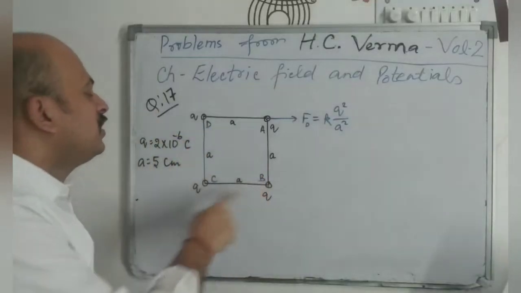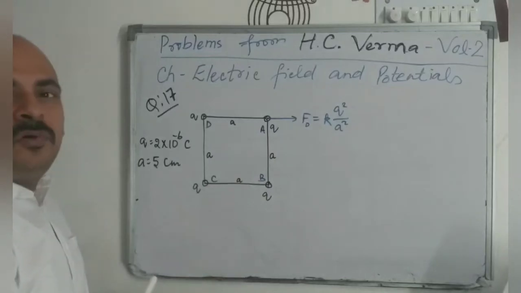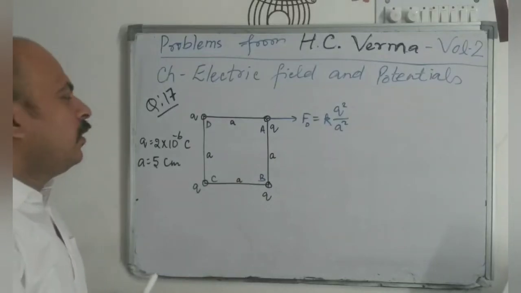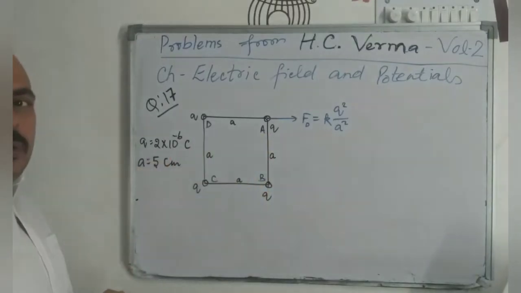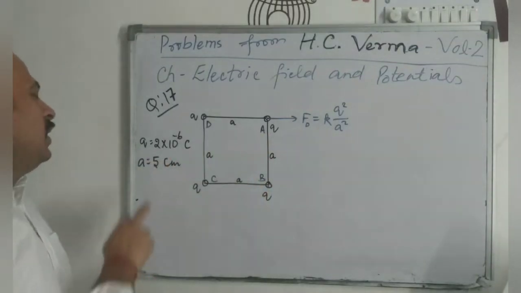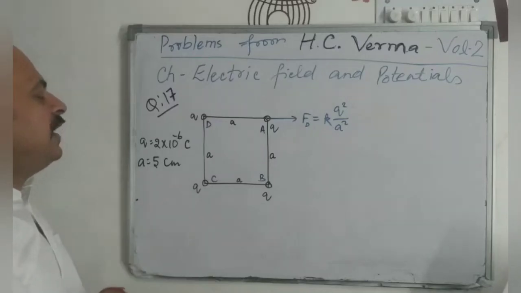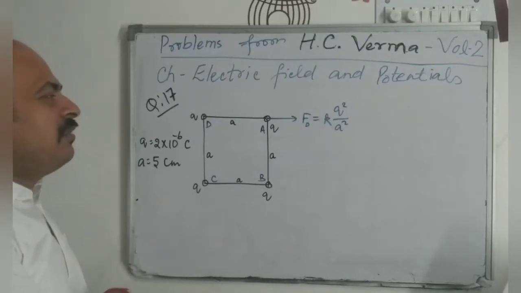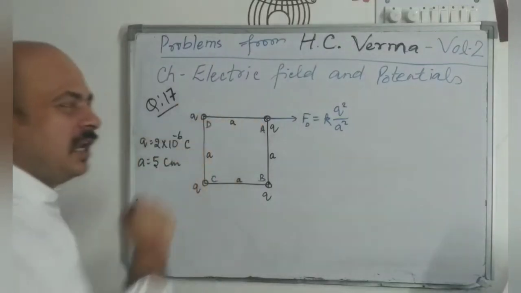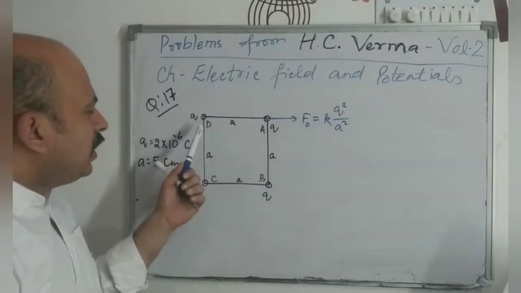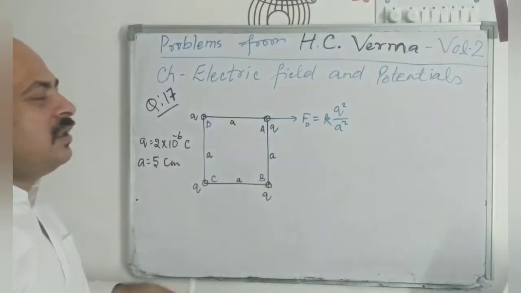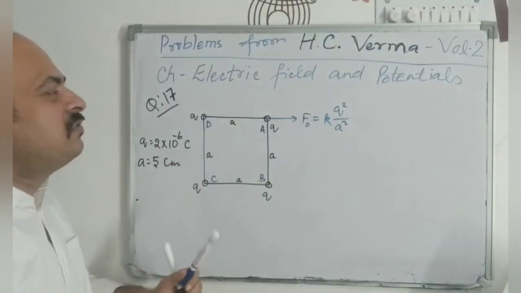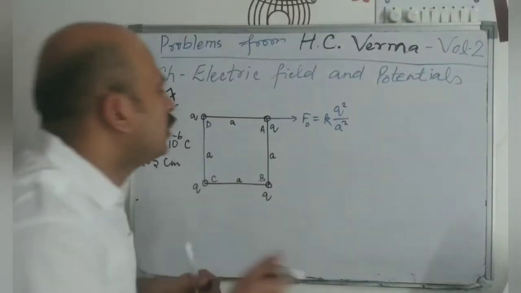Question number 17. There are 4 charges placed at 4 corners of a square of side a. Each charge has magnitude 2 into 10 to the power minus 6 coulomb and the side of the square is 5 centimeter. So we have to calculate force on this charge. Due to D charge, it is acting on this side, repulsive force Fd, which is equal to this.